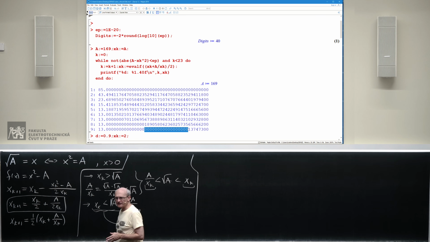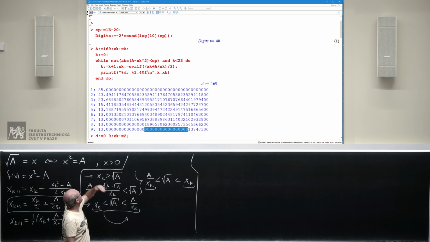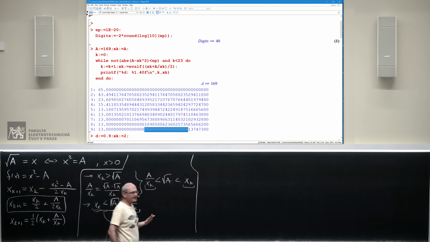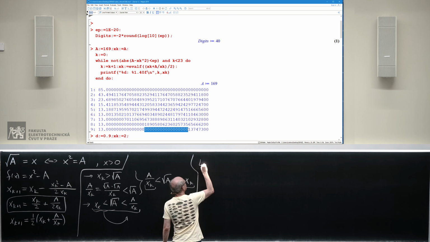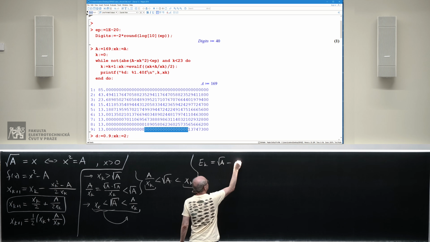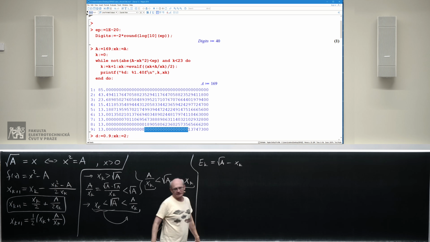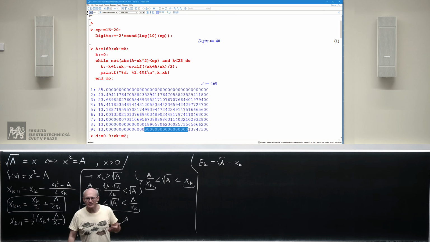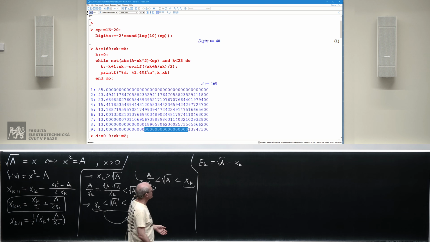In case you are wondering, how am I testing the precision of the answer if I don't know the square root? Because I'm pretending that I don't know it. Normally, I would ask for the absolute error, which is the precise value minus my approximation. But as I just outlined, I cannot really calculate it without knowing the square root. So what people do instead, they ask about residual.